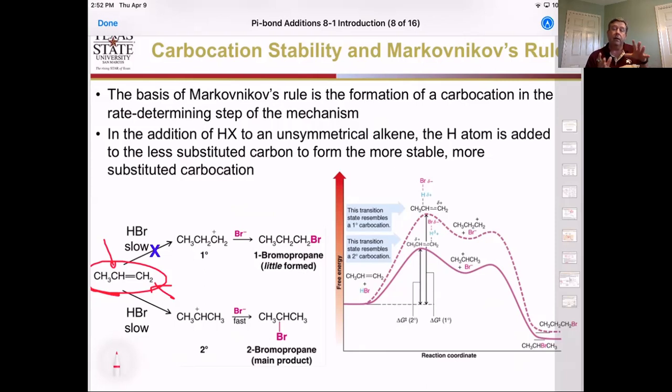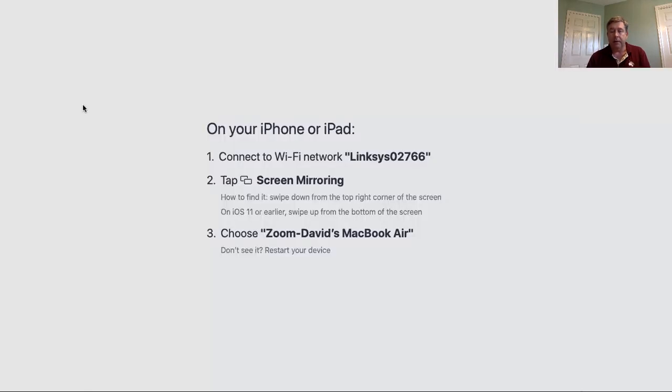You always think about forming the more stable carbocation first, if at all possible, and then it reacts to form it. So if we look at our energy diagram here, to form the primary carbocation, it's a much higher activation energy, and the energy of that carbocation is much higher, okay?